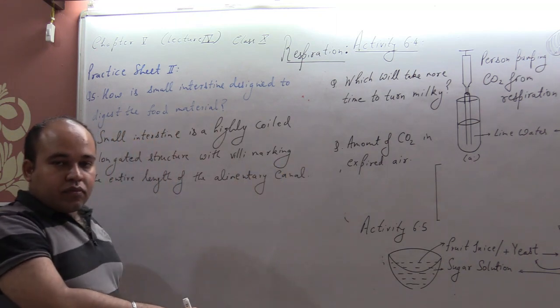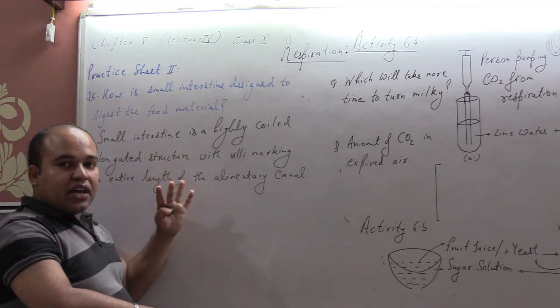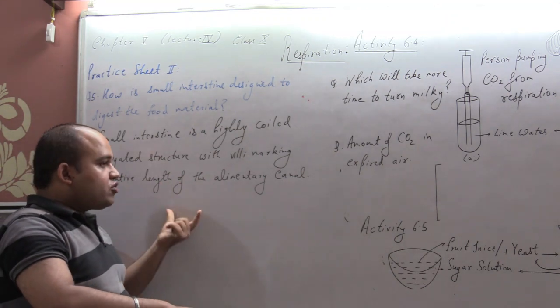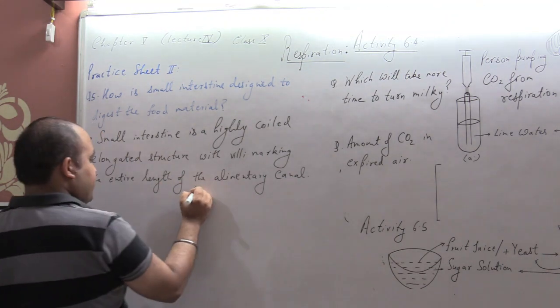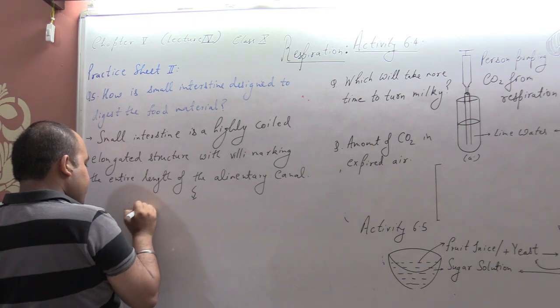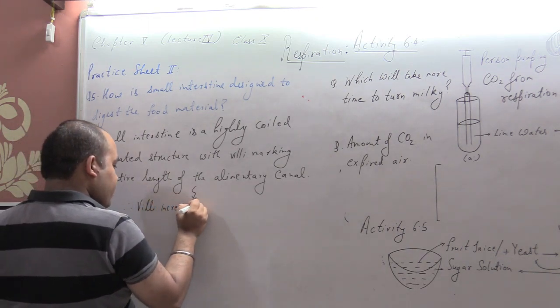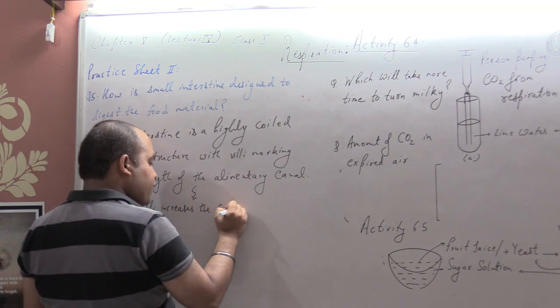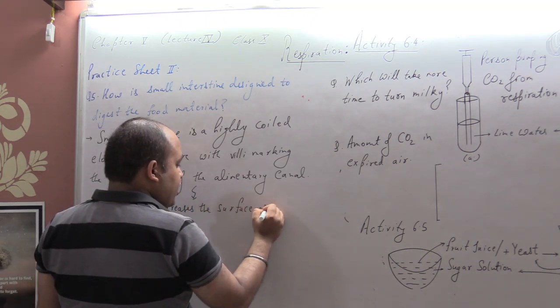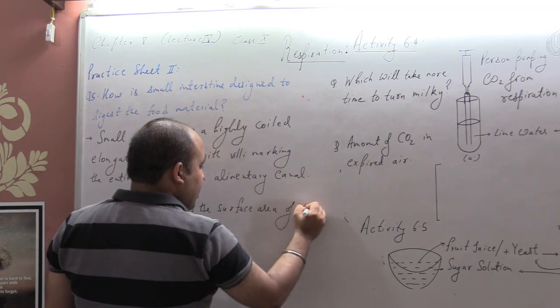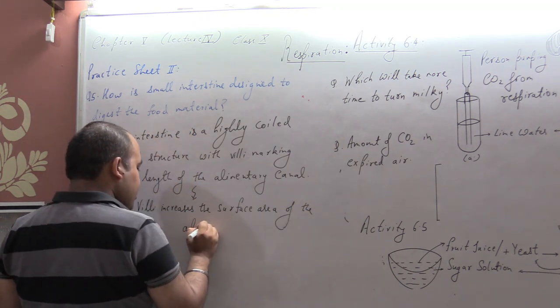As these villi mark the entire alimentary canal, they increase the surface area of the alimentary canal.